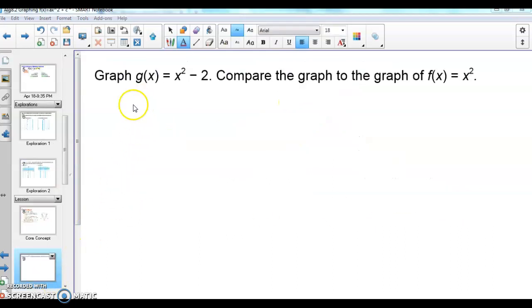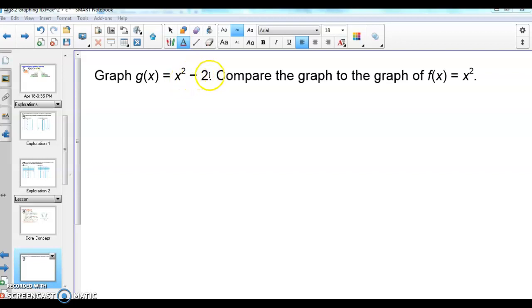For example, graph g of x is equal to x squared minus 2, and compare the graph to the graph of f of x is equal to x squared. I'm going to skip the graphing part because we will talk about how to construct a table of values later on. But for now, even before we graph the actual function, we can anticipate how the negative 2 will affect the original graph of the parent function.